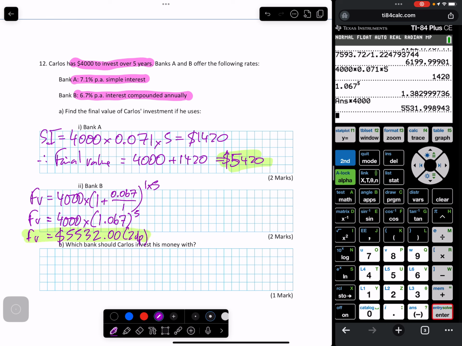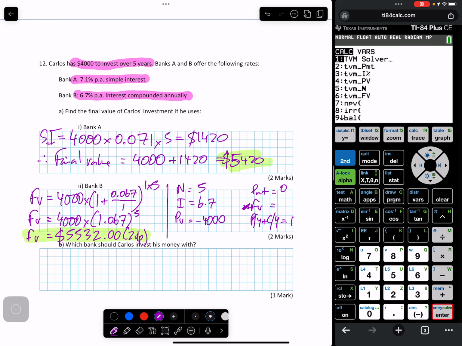You'd show it the TVM solver way. N, I, PV, PMT, FV is what we solve for, PY and CY are both 1. It's after 5 years. The interest rate is 6.7%. Carlos put that in. 6.7, negative 4,000.